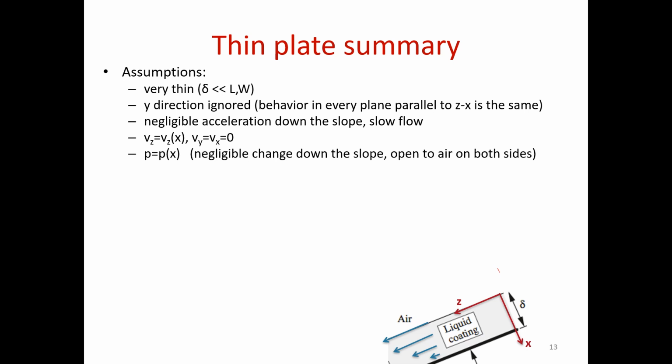I further align my coordinate system with this solid plate. My z is moving down, x is orthogonal to the plate, and I'm assuming that my vz velocity is really just a function of x, and the other two velocities are zero.